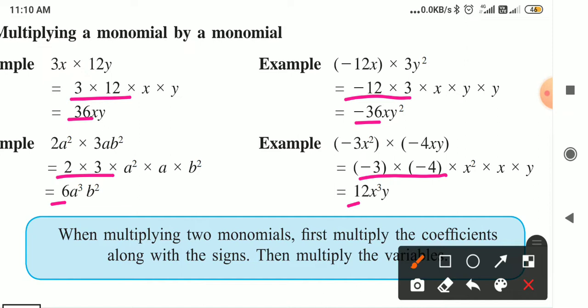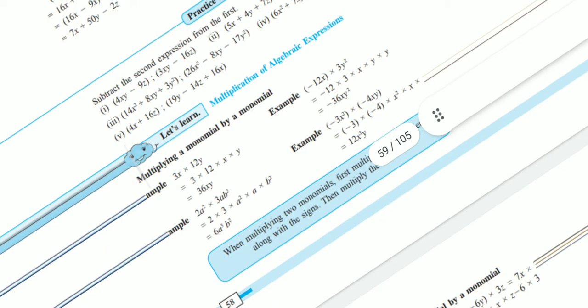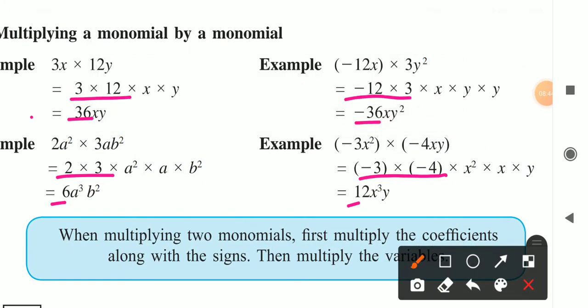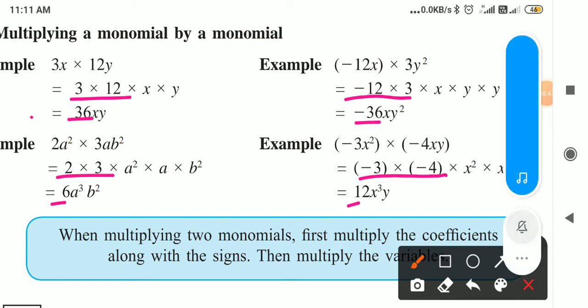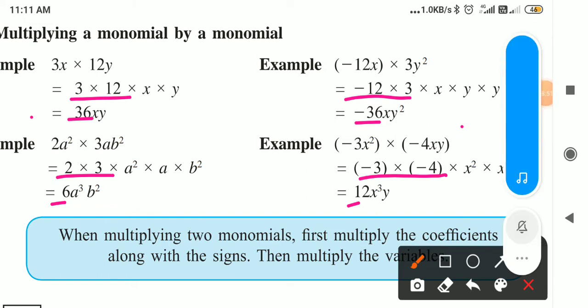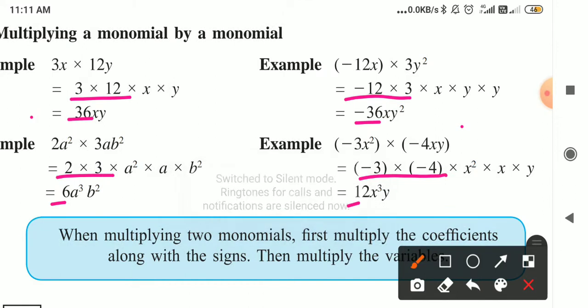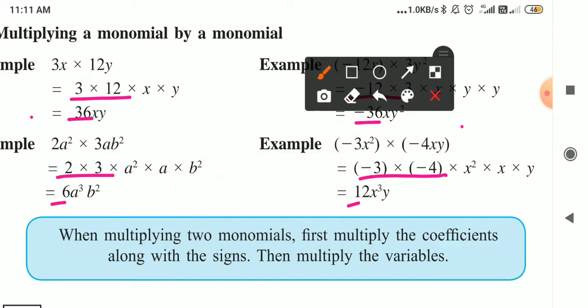So in each example's answer, at first we wrote the coefficients, that is, we did the multiplication of coefficients along with their signs, and then we did the multiplication of variables.